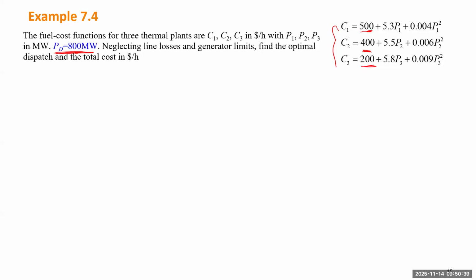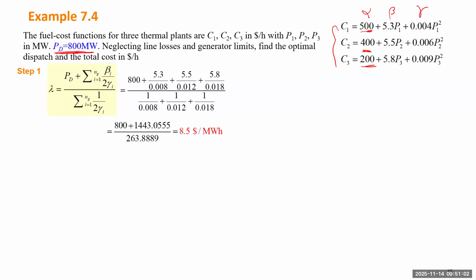Step 1, we just calculate lambda because all the values are given. So here, this is alpha, right? This is beta, this is gamma. To calculate lambda, we don't need any alpha value. We just use the beta and the gamma. So you just go ahead to plug in the values. So 800 is from the demand.